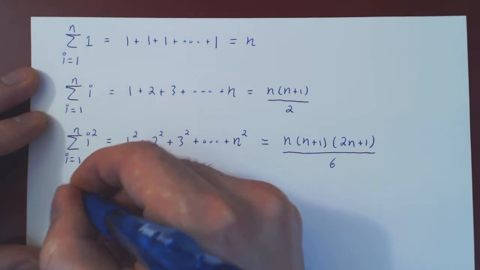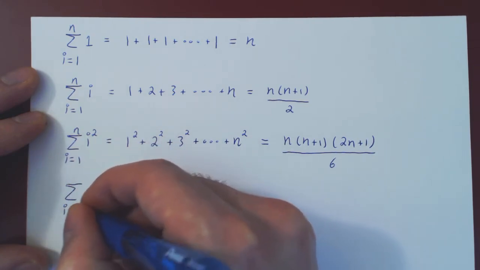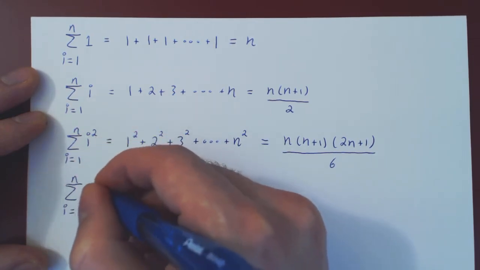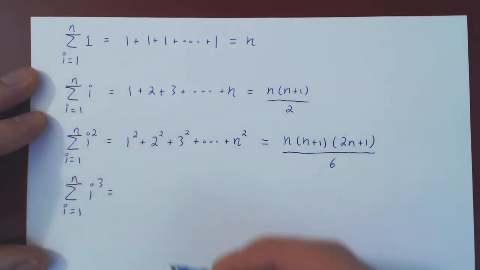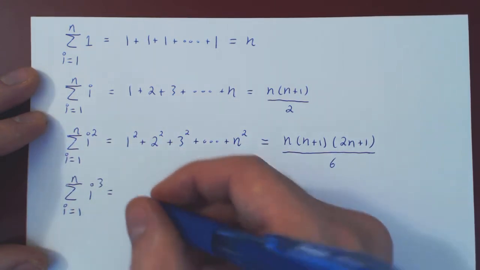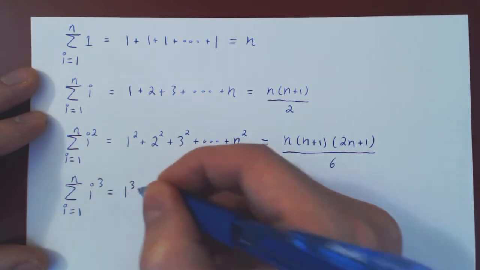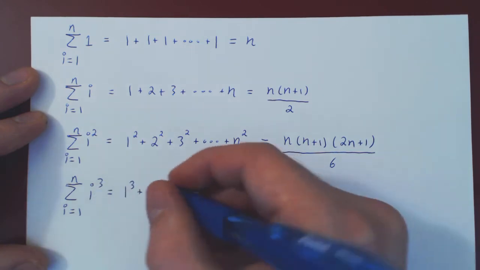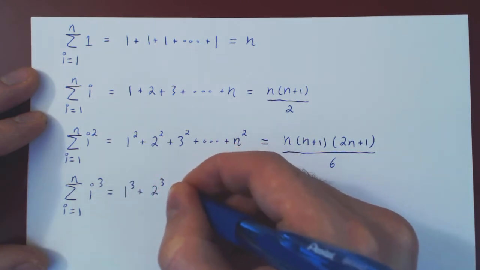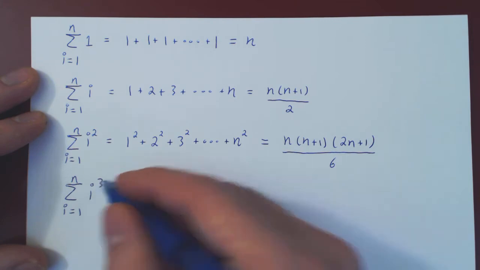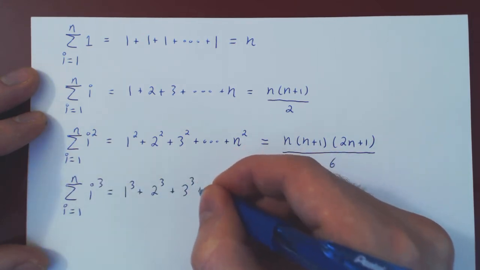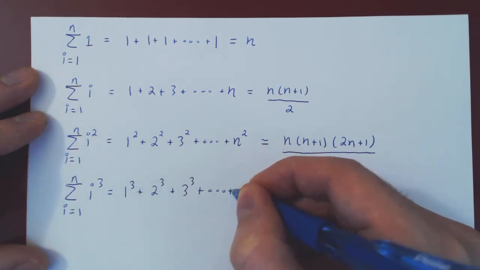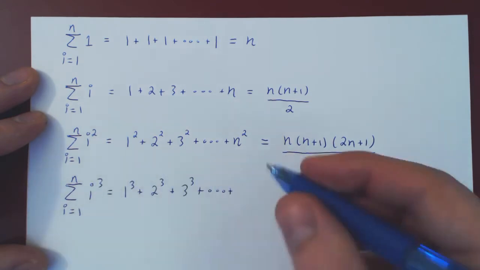And we have a similar formula for the sum of the first n cubes, so summing i cubed. Now this will be when i is 1, 1 cubed, plus when i is 2, 2 cubed, plus when i is 3, 3 cubed, all the way up to when i is n, n cubed.